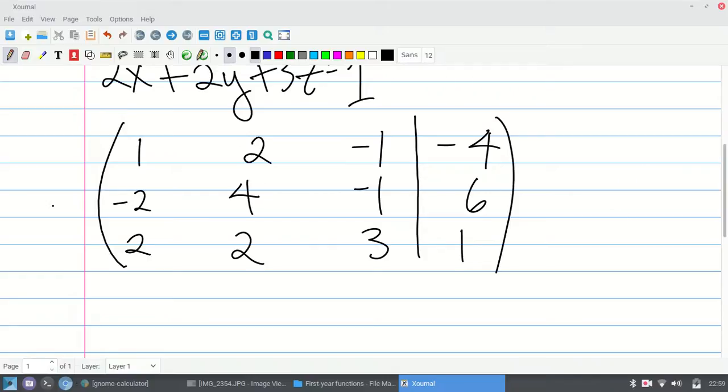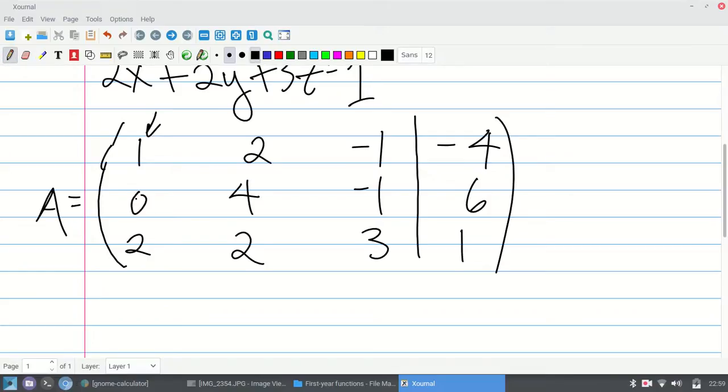Okay, so notice that here I have a 1, right? What I can do is take 2 times the first row and add that to the second row, and that will kill off this negative 2. That's my goal. So I'm going to double this value and I get 2. 2 plus negative 2 is 0, so that will kill this guy.